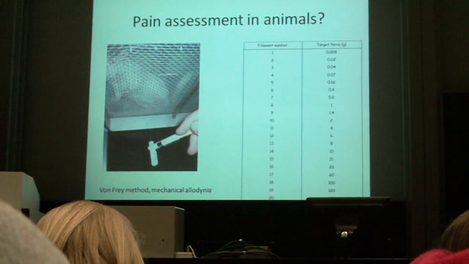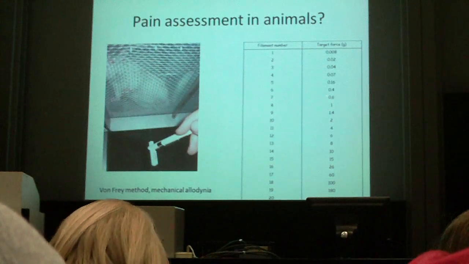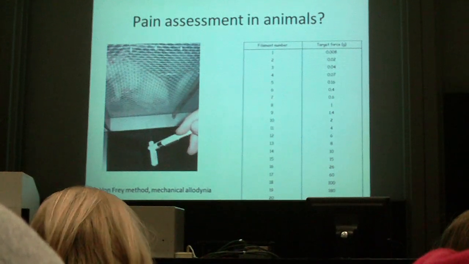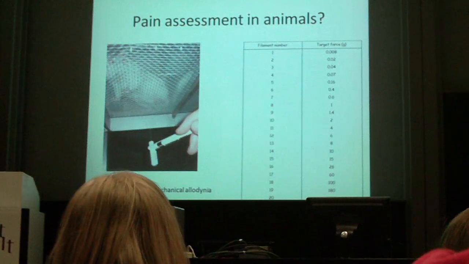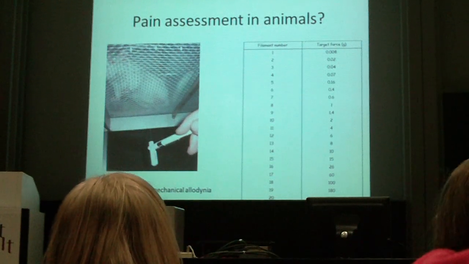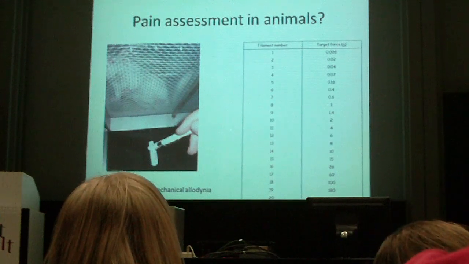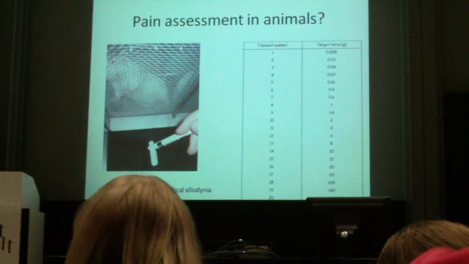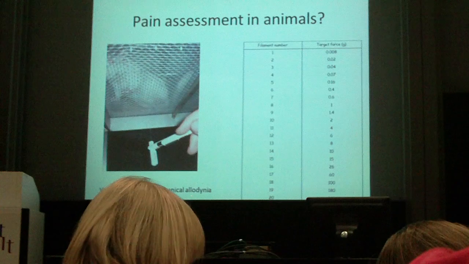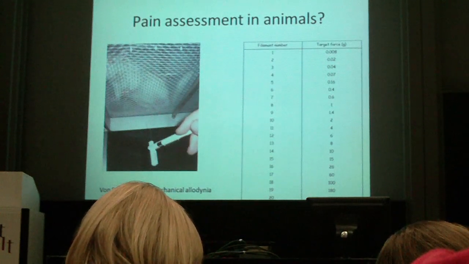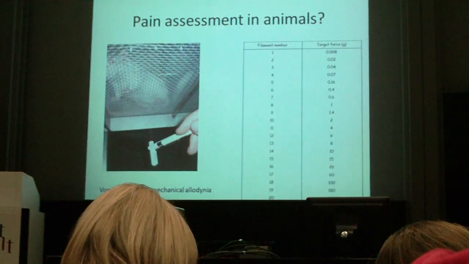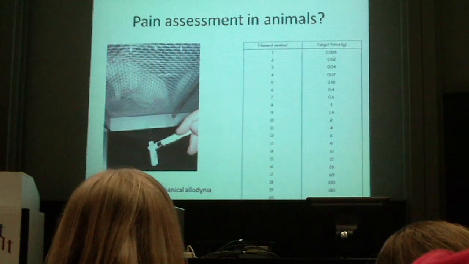For instance, with a target force of 0.6 grams, a filament number 7, it will respond, whereas a normal animal will not respond to such a filament. And we consider that an indication of pain. In fact, it's mechanically related pain, mechanical allodynia. So we test by approaching the filaments to the hind paw whether the hind paw will retract or not.